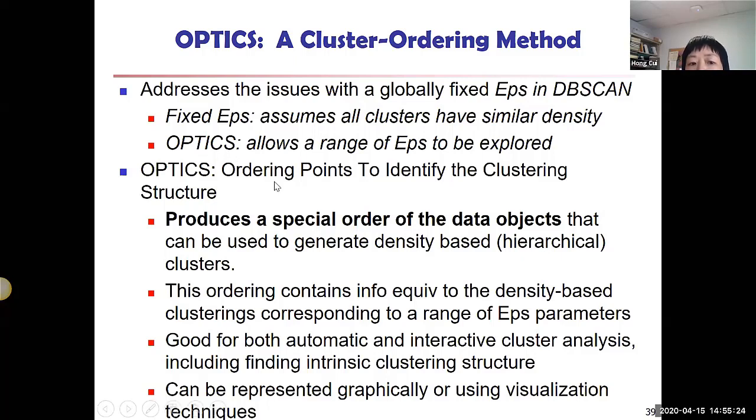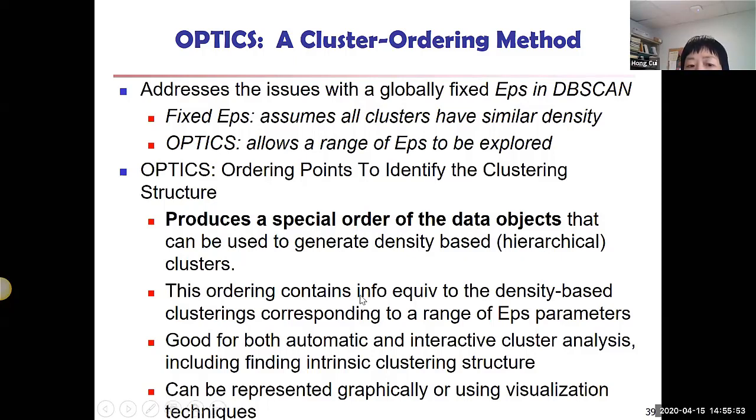So OPTICS stands for Ordering Points To Identify the Clustering Structure. It can also be seen as a hierarchical clustering algorithm. You're going to see why shortly. OPTICS produces a special order of the data points.